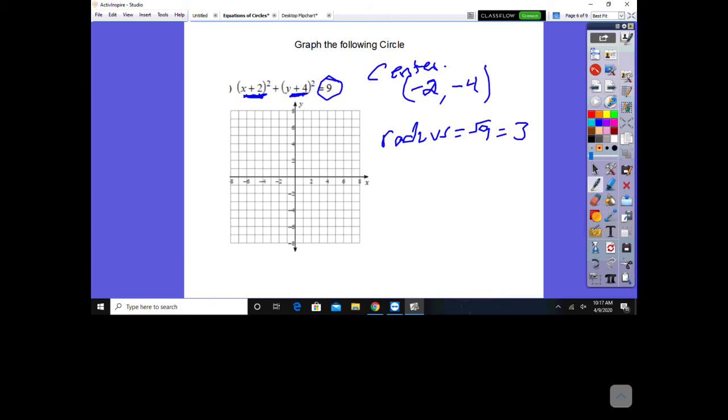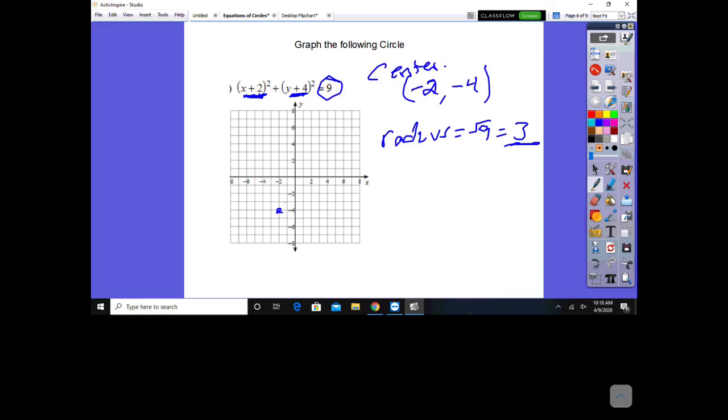Okay. I'm going to go find the center of the circle. So negative 2, negative 4. Let's see here, negative 2, negative 4, which is right there. Then the radius is 3.